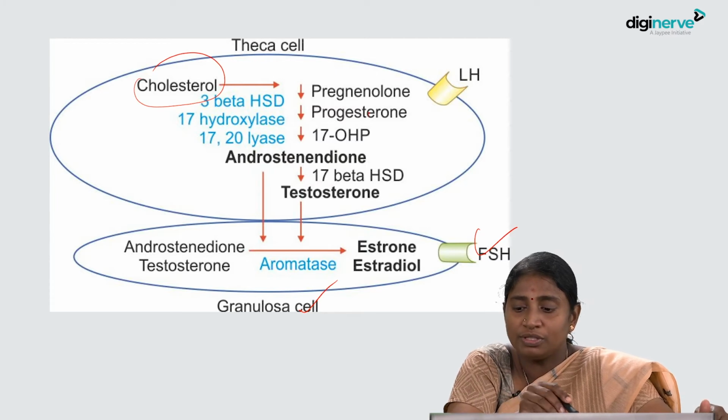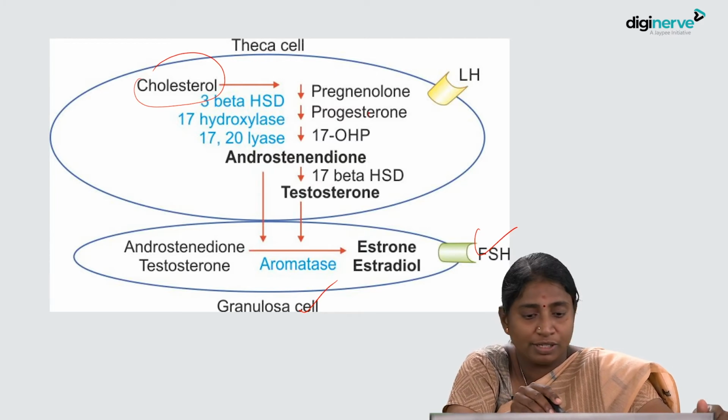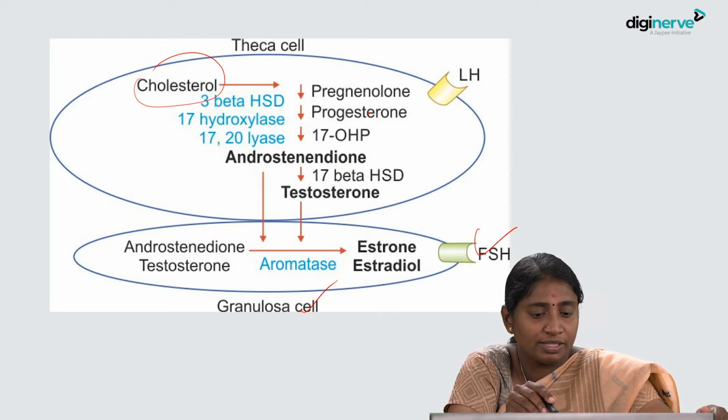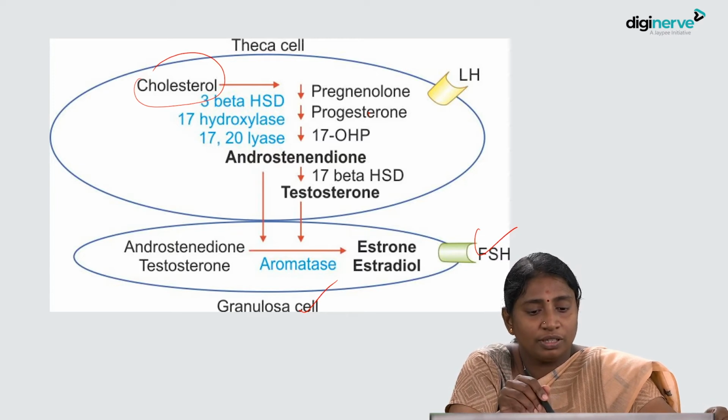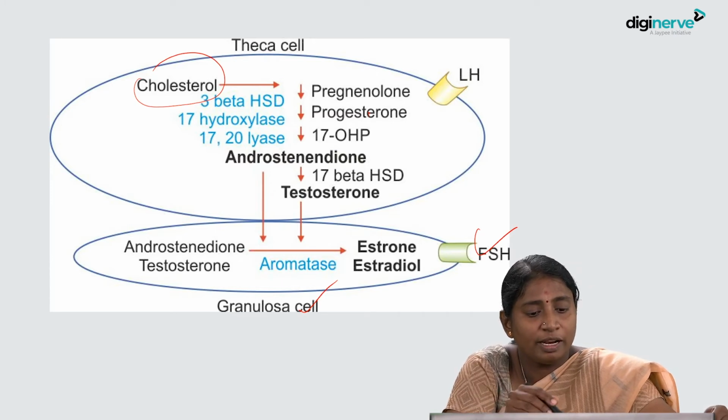Pregnenolone diffuses into the smooth endoplasmic reticulum and is converted into progesterone by beta hydroxysteroid dehydrogenase, and then it is converted into testosterone. Whereas in granulosa cells, androstenedione and testosterone, with the help of aromatase, are converted into estrone and estradiol.